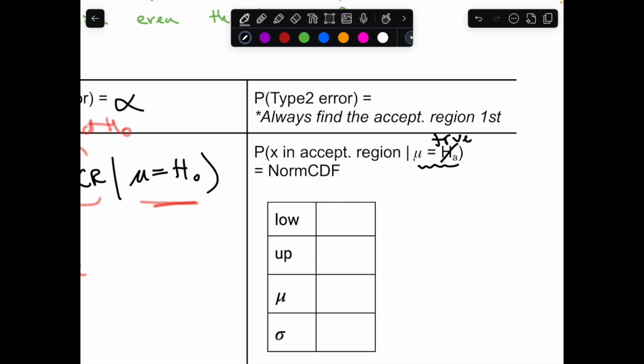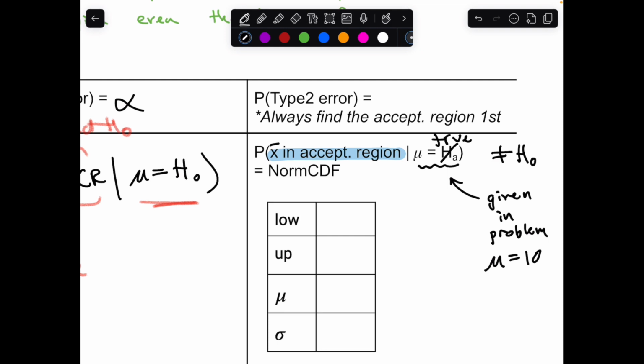It's not equal to the null hypothesis claim. So we're calculating the probability that your sample falls in the acceptance region, and the problem will have to give you the true mean. So let's say the problem tells you the true mean is 10.